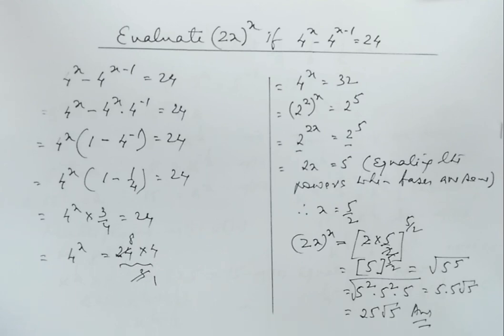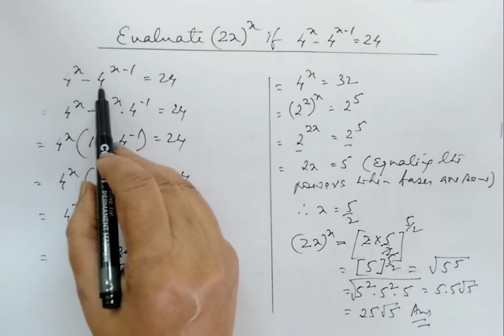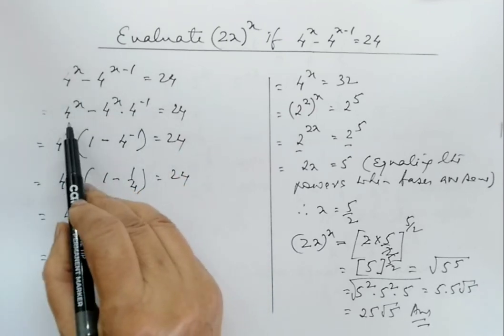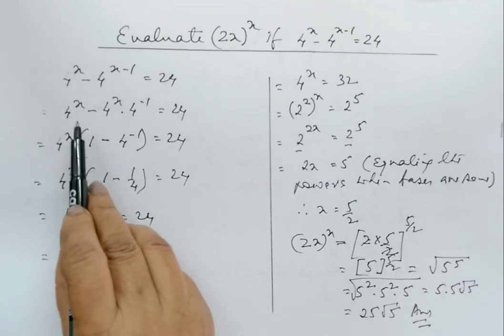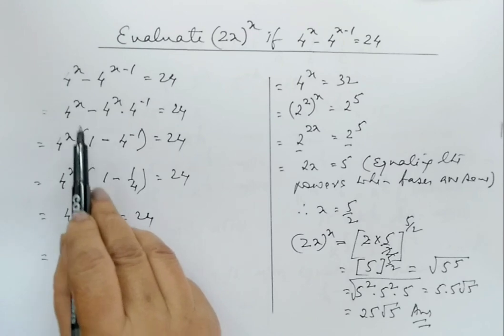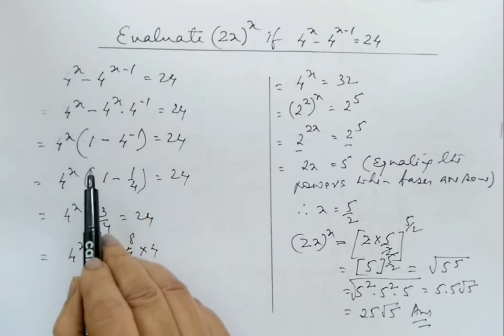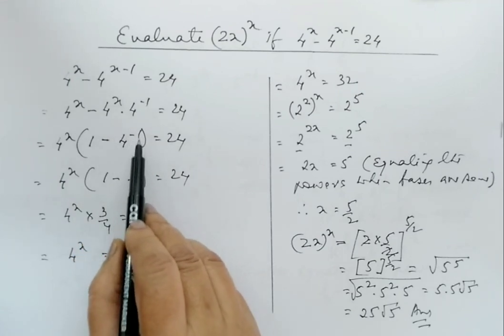Alright guys, if I have to reinforce, we are given this equation. This equation seems very inviting because we have the same term 4 to the power x in two places. We pull that out as common here. From here we get 4 to the power x multiplied by 1 gives me this, and from here we are getting 4 to the power minus 1.